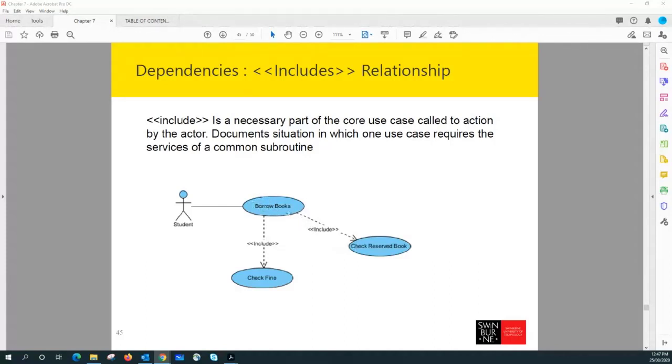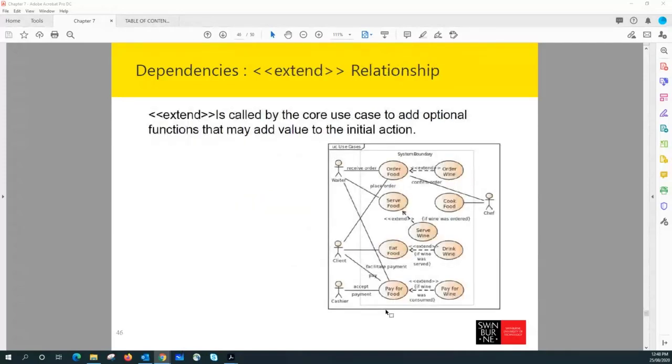So you can see how to include that. You just put the include keyword with this symbol, and make sure that you use the dash arrows pointing towards the new use case. So that means the existing use case is taking the service from the other use case. That is what we mean by that. We can also call it common subroutines, because some other use cases may also take some services from these use cases, right? So that is the include relationship.